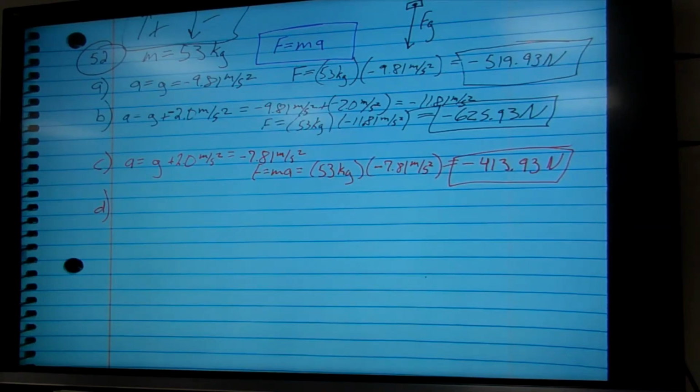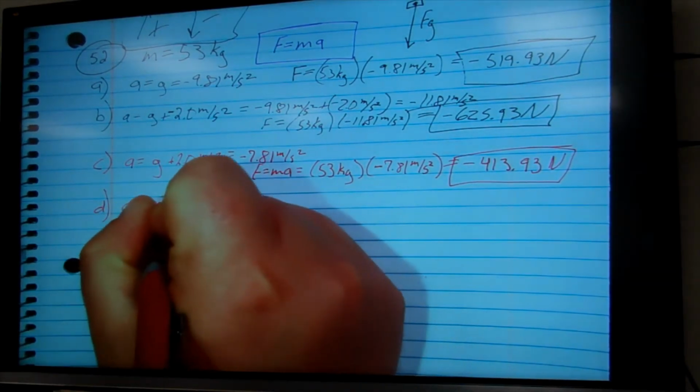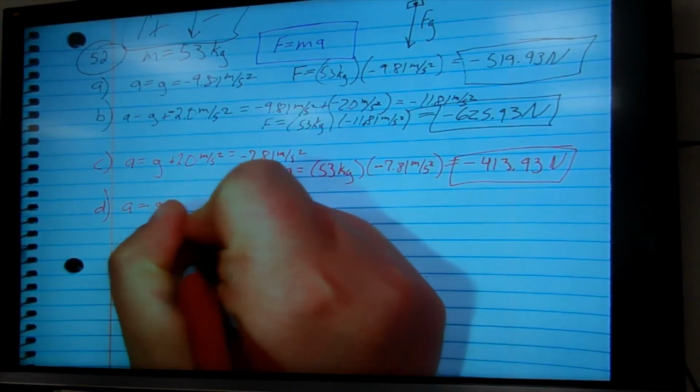So number 52, part D. The elevator moves down at a constant speed. So, do we have an acceleration being added? No, because it's going at a constant speed. So in this case, acceleration is just gravity. So will it always be gravity?